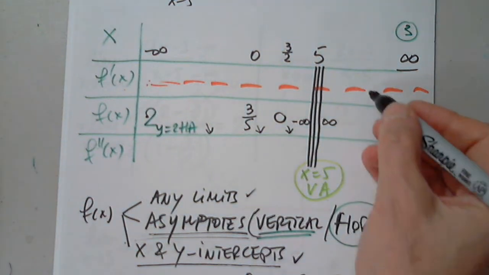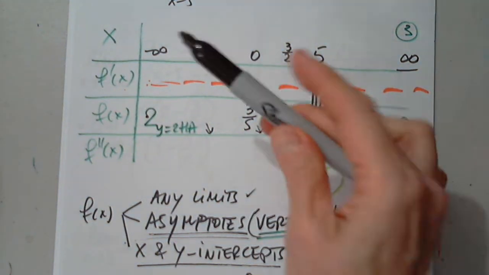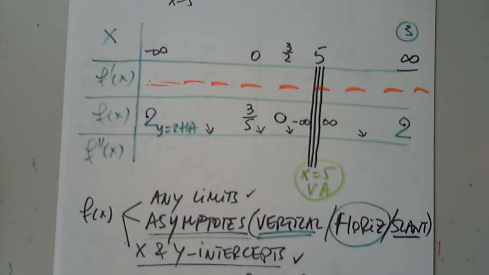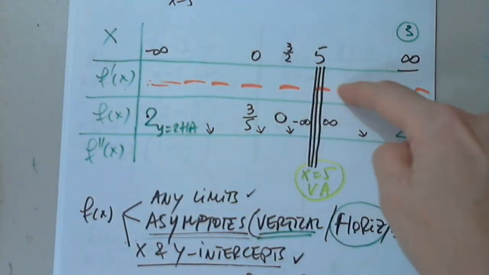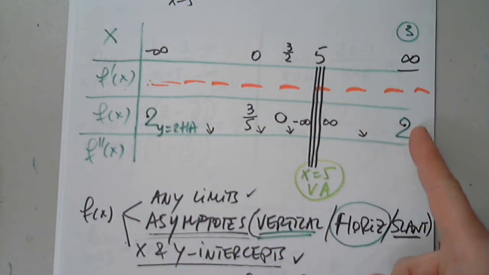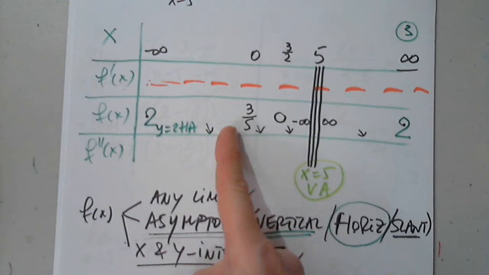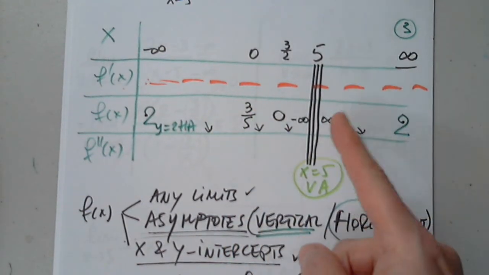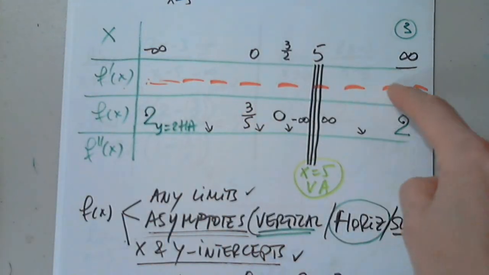From infinity to 2, yes. These two work well together. The function is always decreasing because the first derivative is always negative, and my numbers show that. From 2 down to 0.6, down to 0, down to negative infinity. On the other side, from positive infinity down to 2, always decreasing.